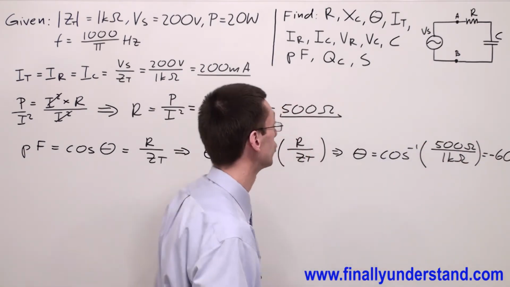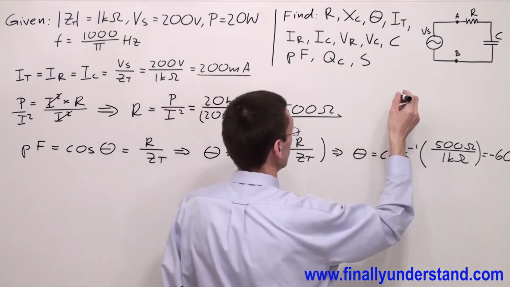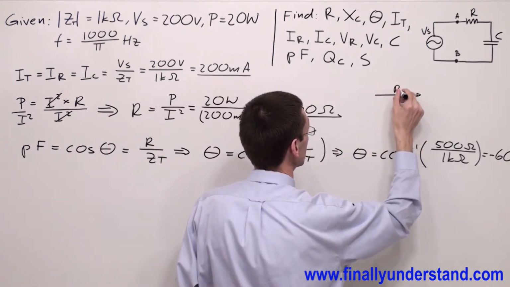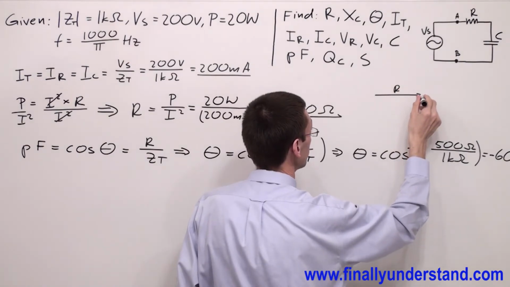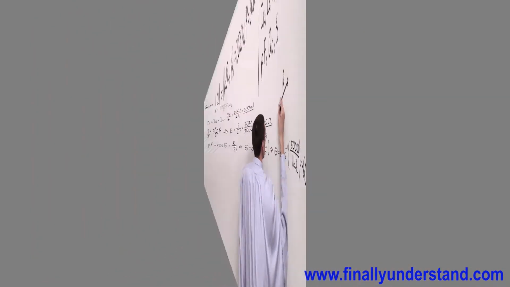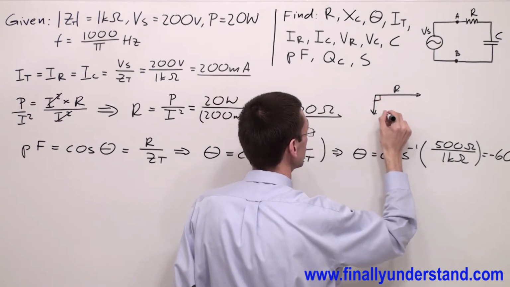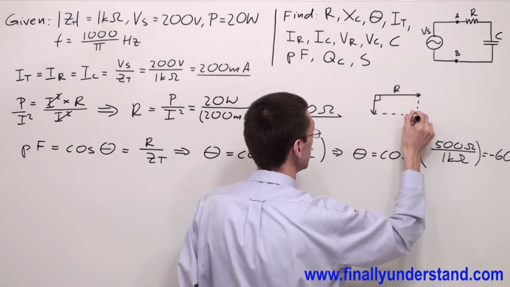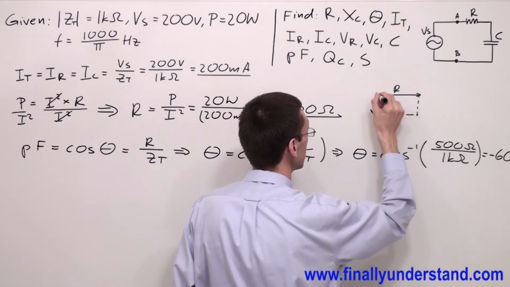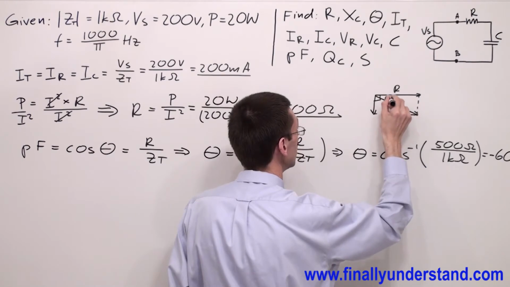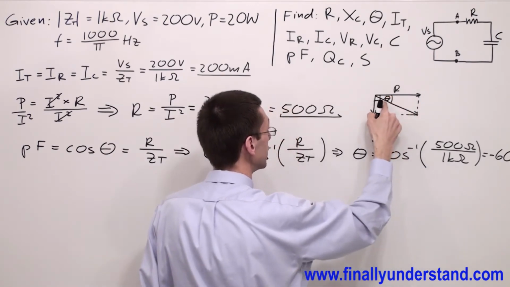If you are going to draw the impedance diagram, so if this is the resistor, X of C goes always with an angle of negative 90 degrees. So Z total will go always with a negative angle, and this is my theta.